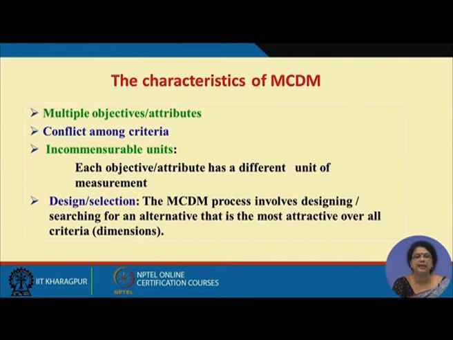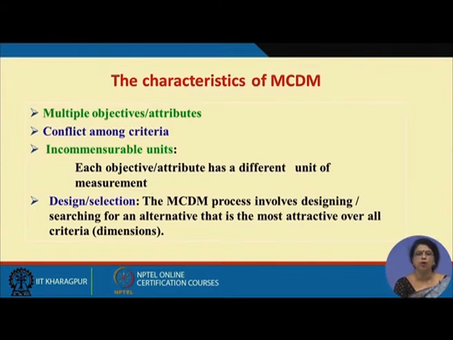Incommensurable means they are measured in different units. If one objective function is measured in meters, another can be in hours, it can be in kg, and we are comparing all objective functions which are incommensurable, in different units, all together. That is the beauty of multi-criteria decision making.